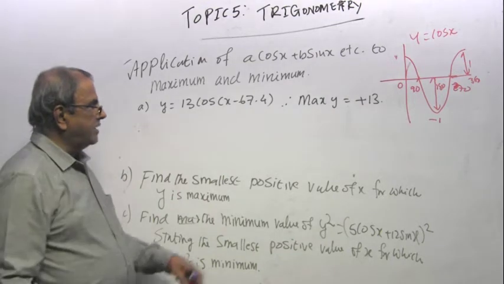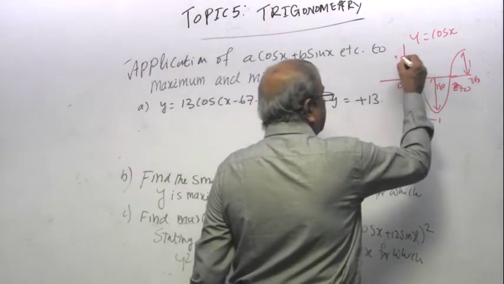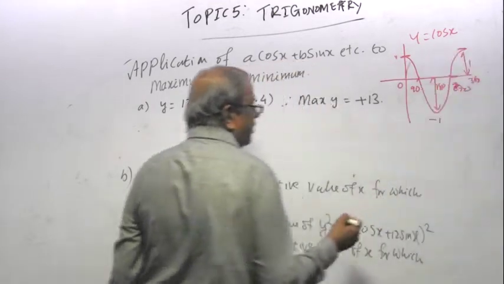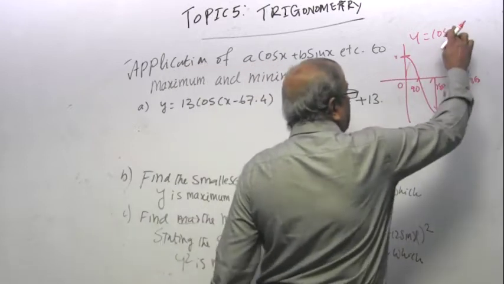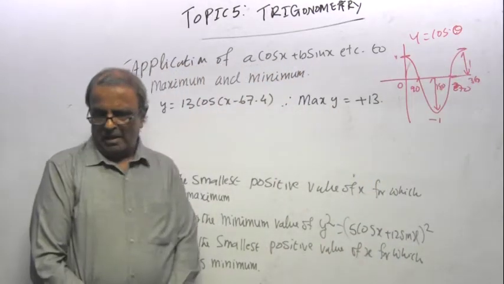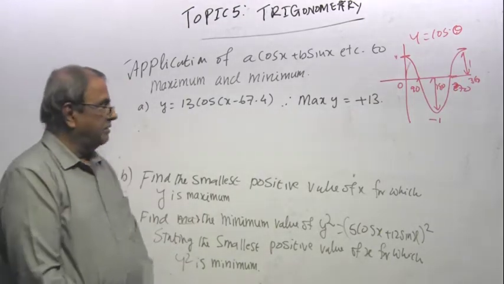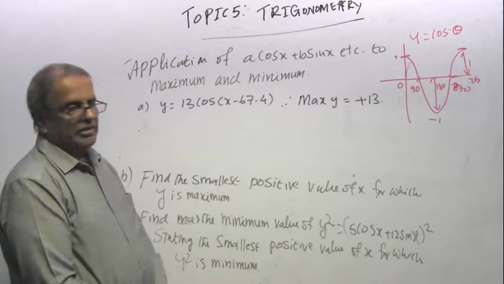Now, when does cos x become 1? Cos x is 1 when, let me use theta instead of x, cos theta is 1 when theta is 0. Cos theta is 1 when theta is 360.